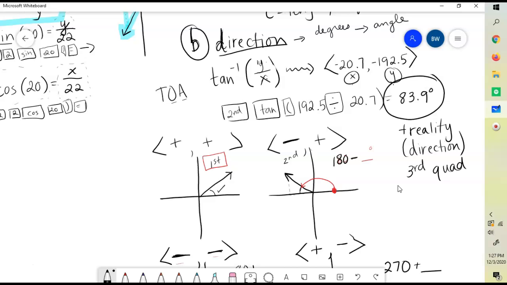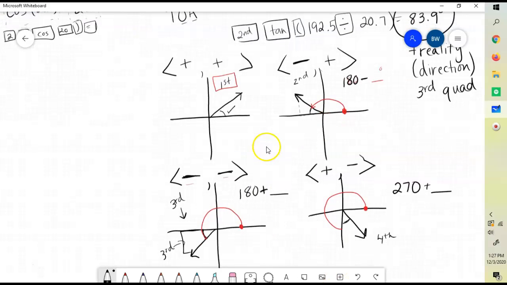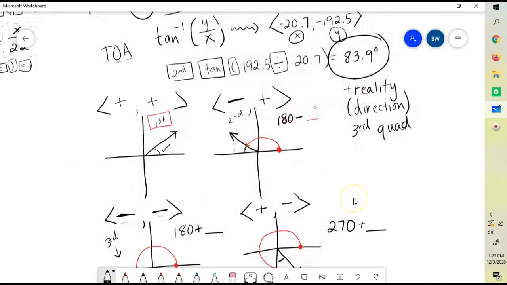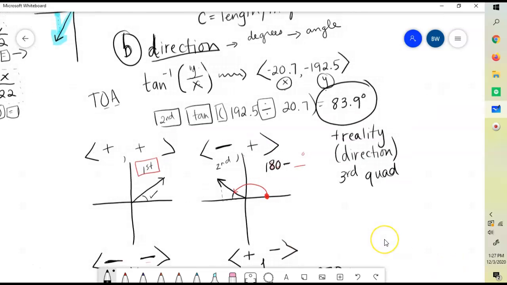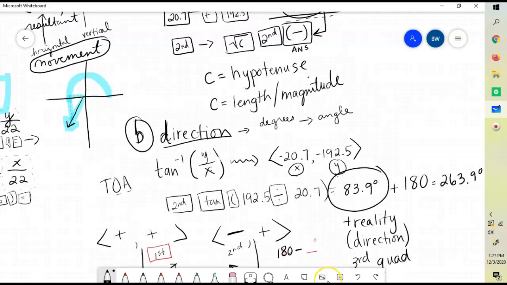And in the third quadrant, which is shown here in this example, I need to add 180 degrees to make that the truth. So we are going to add 180 degrees, which will yield 263.9 degrees.